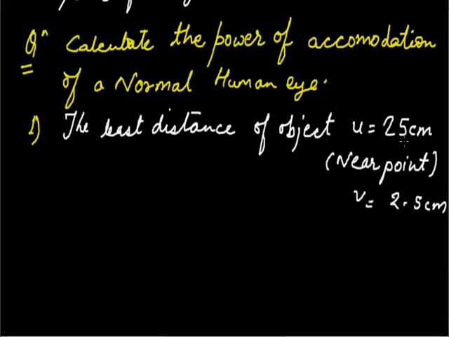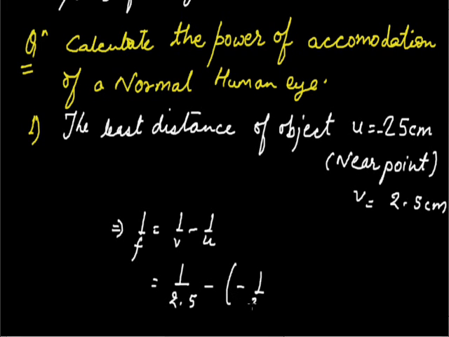Now, as u is taken to be negative always, and here v is the real image distance, that's why it is positive. Now, to calculate the effective focal length of the lens, in this case 1 by f is equal to 1 by v minus 1 by u, that is, the lens formula should be used. Now putting the values in this formula, we get 1 by 2.5 minus 1 by minus 25 centimeter.